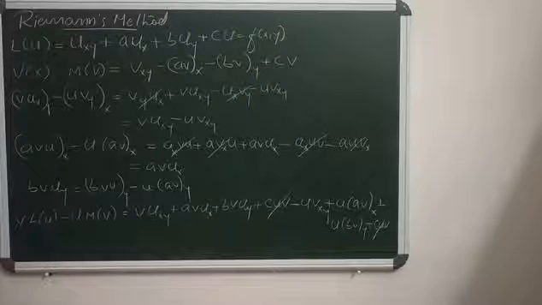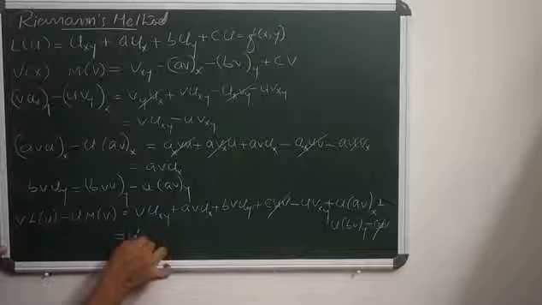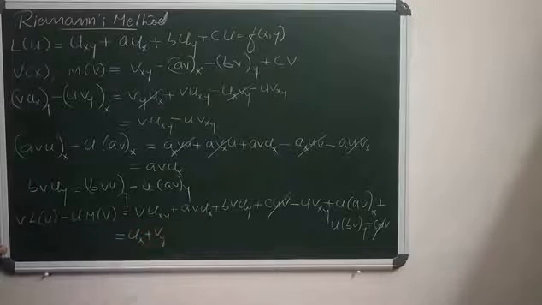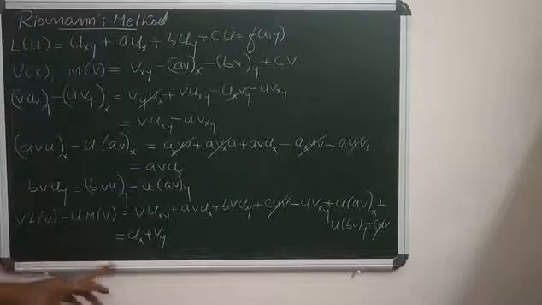What remains is v L(u) minus u M(v) equals U_x plus V_y.